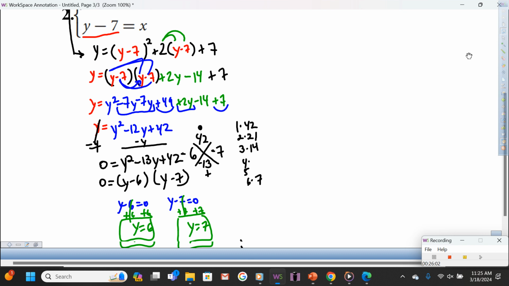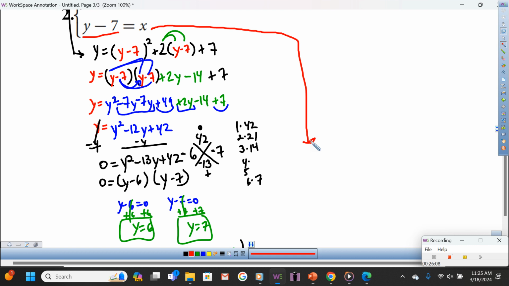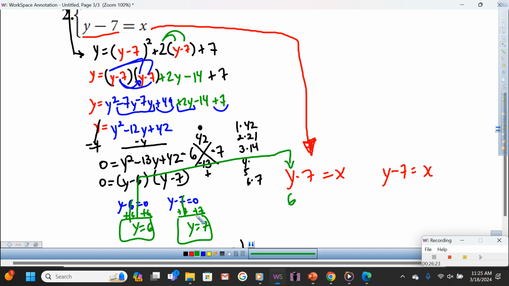All right, so let's use red to bring that one down. Bring down the second equation. Let's write it twice. Y minus 7 equals x. Y minus 7 equals x. And then for the first one, instead of y, we substitute what, everyone? 6. And for the second one, instead of y, we substitute 7.